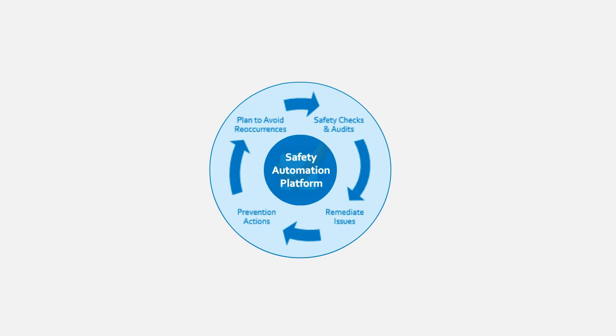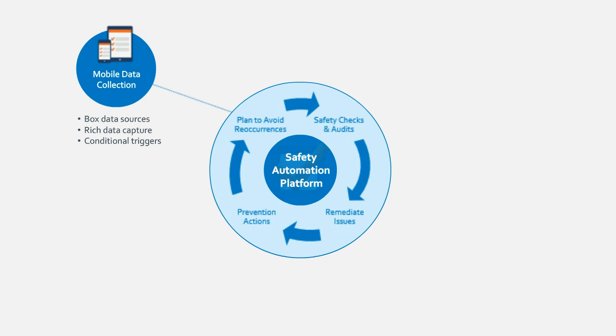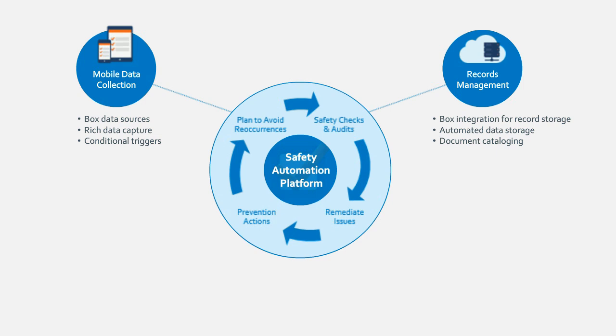Now, if you layer in our technology, and when I talk about our technology, I'm talking about Pronto Forms, I'm talking about Box, and I'm talking about iOS devices. Just think, you've got people out in the field doing work, collecting information, using the iOS platform.